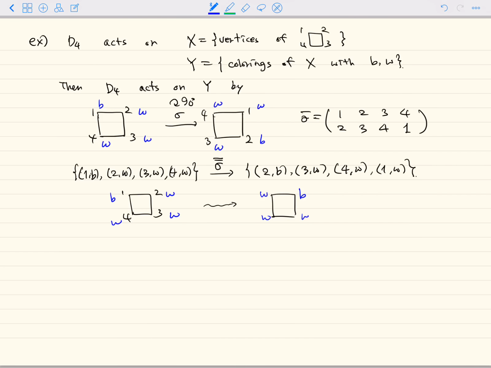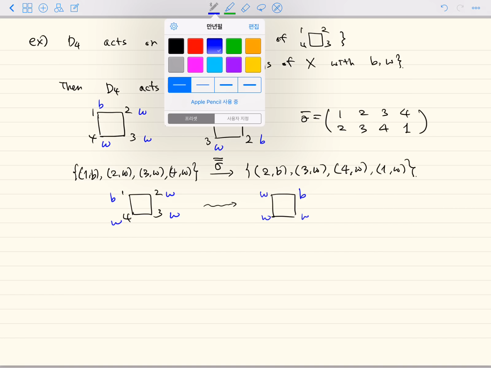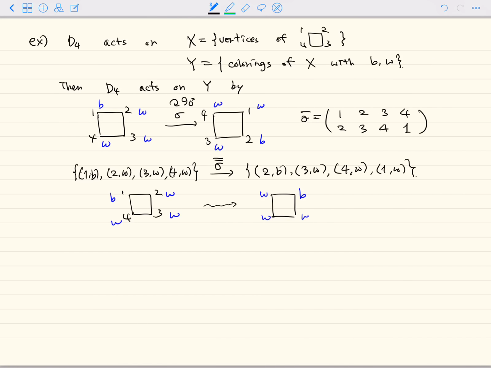So it really rotates the figure, and that's the definition of the action on the coloring. Okay. So sigma double bar moves a coloring to another coloring. It changes the coloring to another coloring. Okay. All right. Now we need to define orbits.